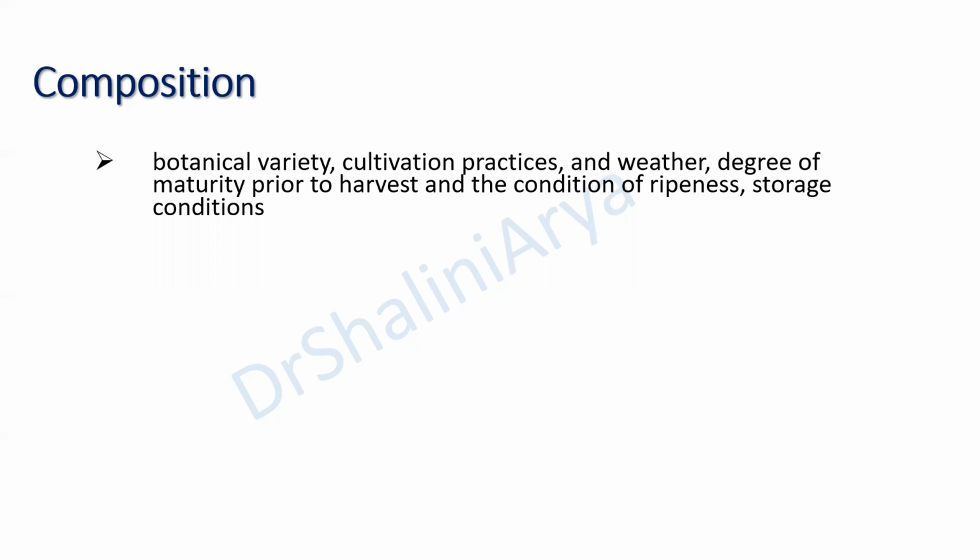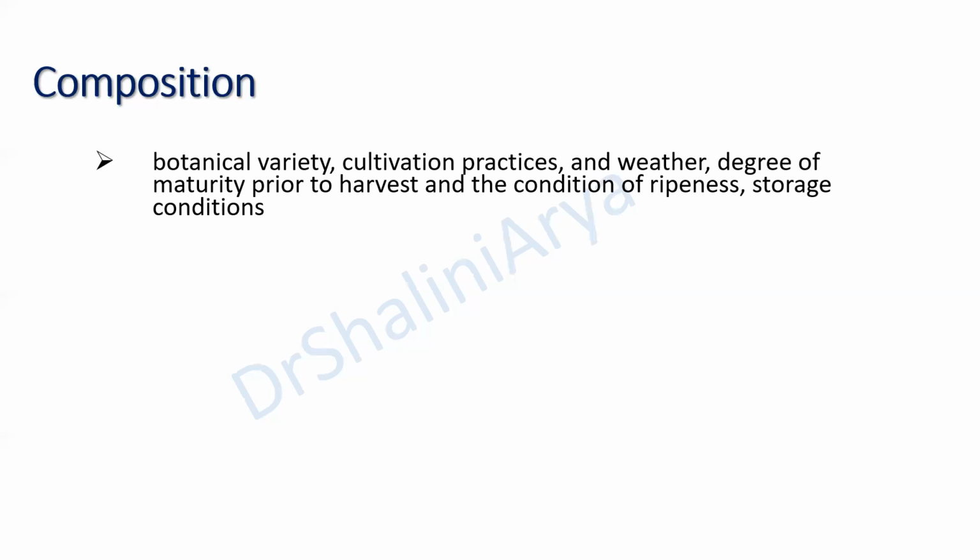Cultivation practices, whether it is organically grown or using a lot of fertilizers, and whether the weather is hot, humid or dry. Maturity, for example, tomatoes that are harvested immature and green in color, their lycopene content would be very low or zero, and their citric acid content or acidity will be very high.